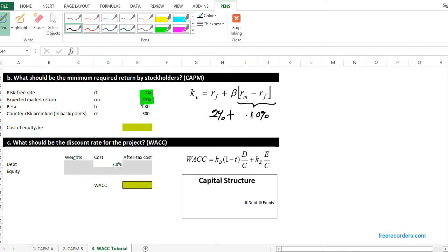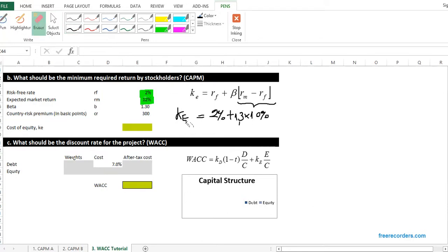And this will be multiplied by 1.3, which is beta. For example, if we work with a beta of 1, then this will be 12%, simply. We demand the same as the market, 12%. But beta is higher. Therefore, we want 2% plus 1.3 times 10%. This is our calculation.